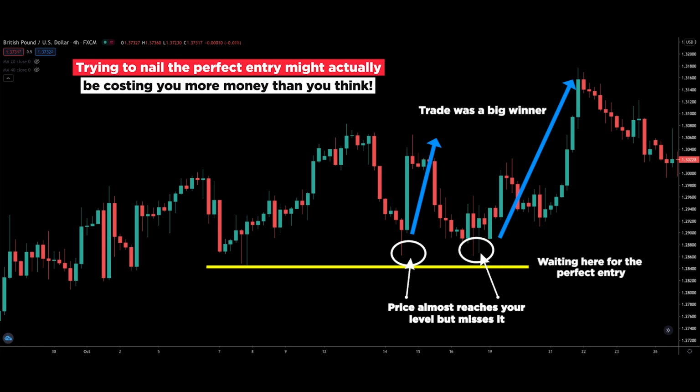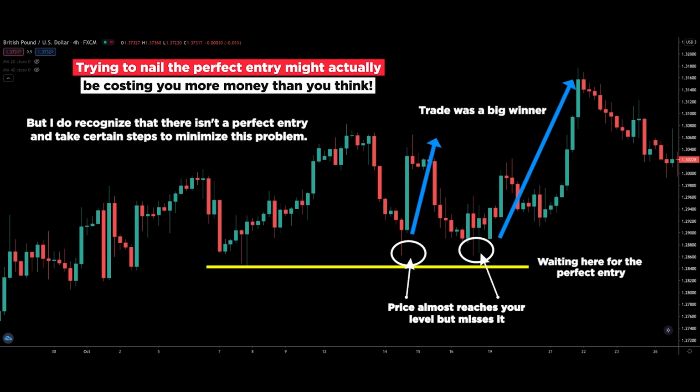I'm sure you can relate to this because you will probably encounter this at some point in your trading journey, and it will happen over and over again. In fact, as a professional trader, I still encounter this problem till date, but I do recognize that there isn't a perfect entry and take certain steps to minimize this problem.